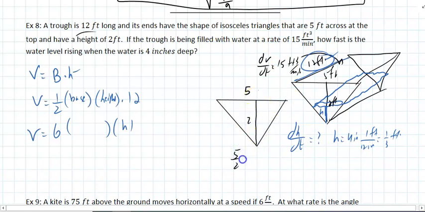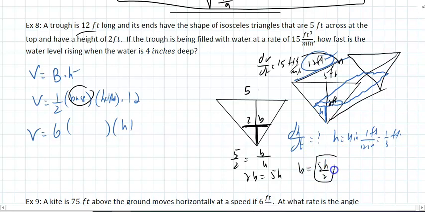So 5 to 2 equals the base to the height. So how do I get rid of the base? Well, I cross multiply. Twice the base equals 5 times the height, or the base equals 5/2 the height. And that's pretty much the tricky part of the problem.